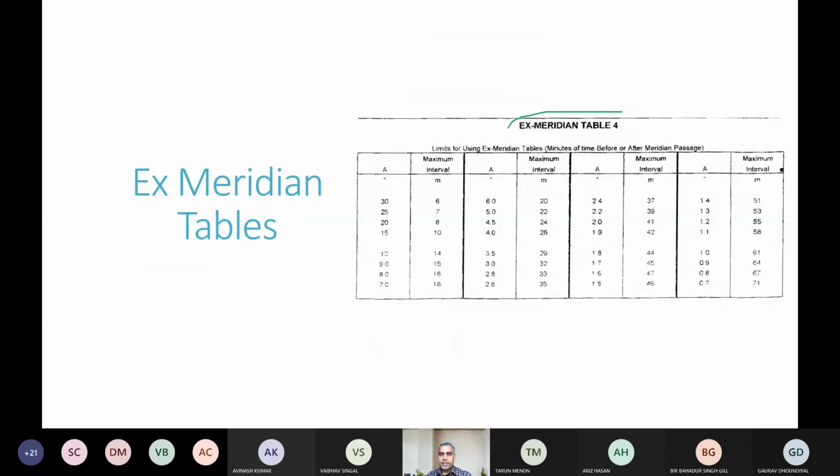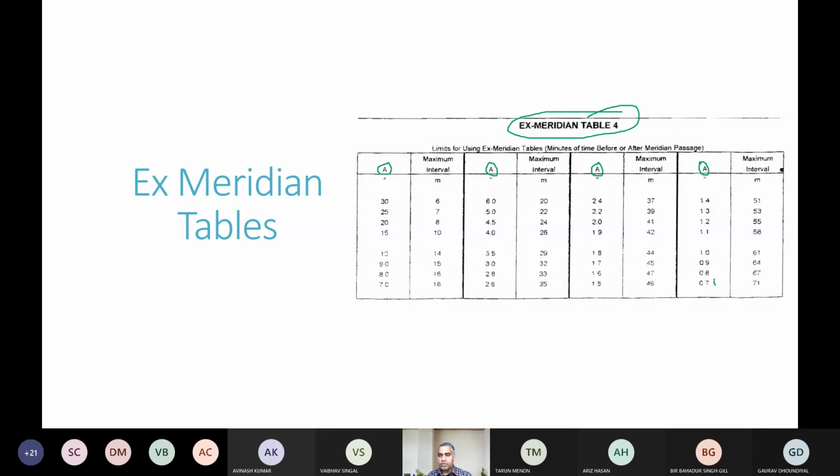This is x meridian table number 4. It's a very small table, almost 1/4 of a page. And we enter into this table using the factor A, which we found out just now from table 1. So you can see here, factor A is mentioned. So we have to enter the table with factor A. Our factor A value was 2.96.